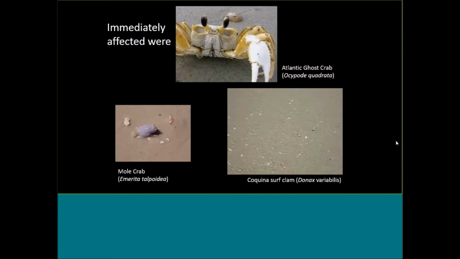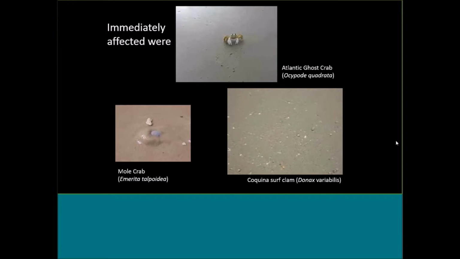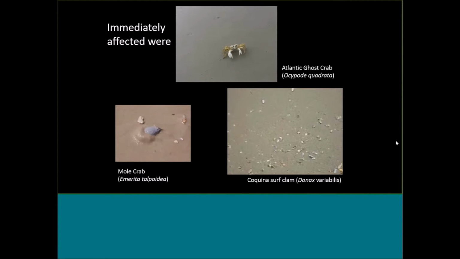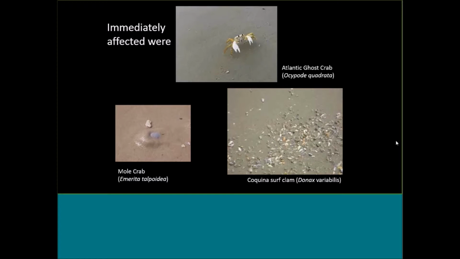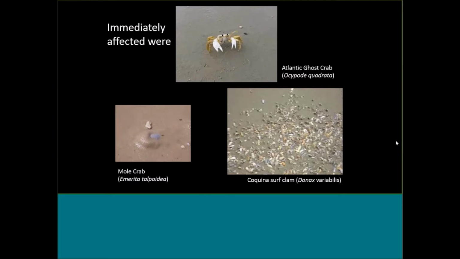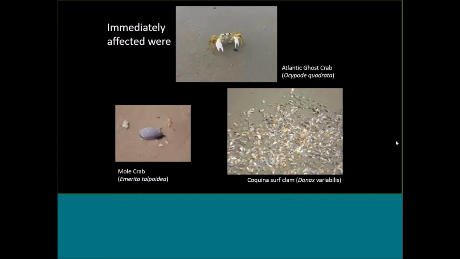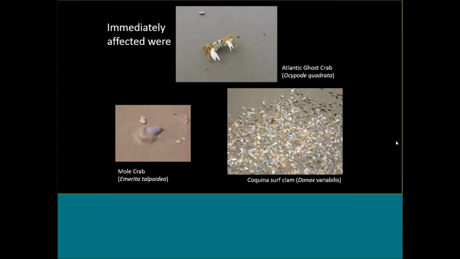The mole crab and the Donax, they live on the beach face pretty much, and also in the shallow sublittoral, and they filter. Of course, if you filter and there's all this fine particulate oil in there, you may not like it. So after Alex came to shore and we watched this oil coming, these guys vanished.